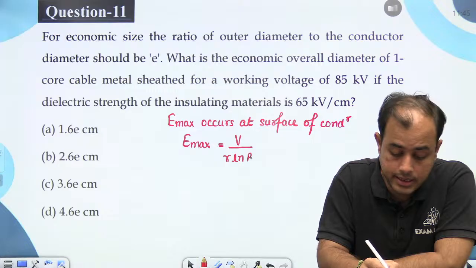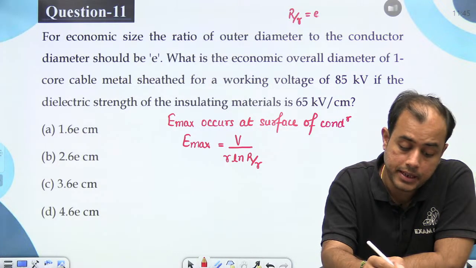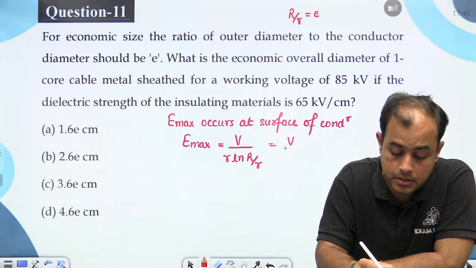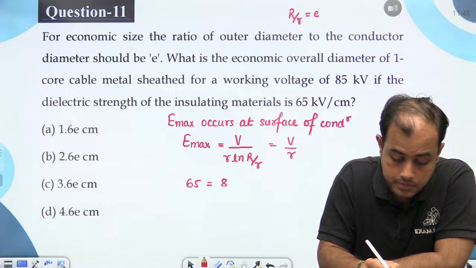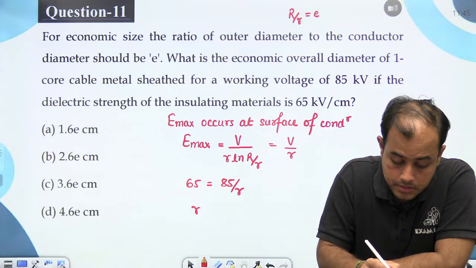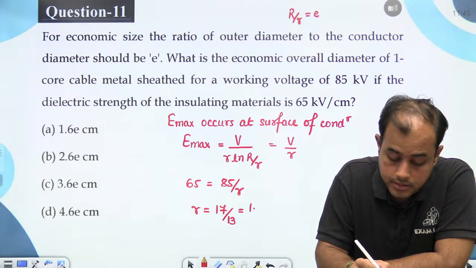V by r, ln R by r. So economic radius means R by r is e. (17 by 13), 40, 39.